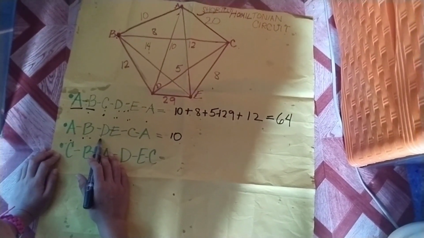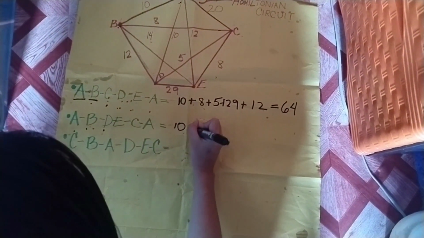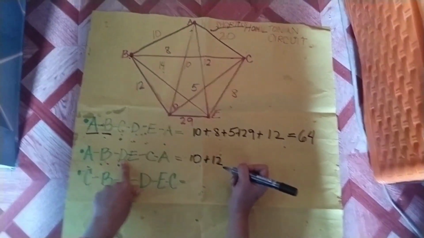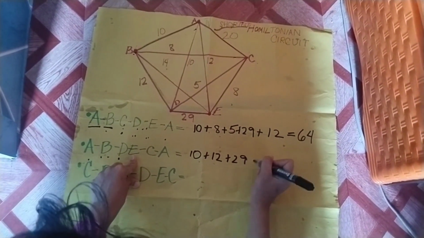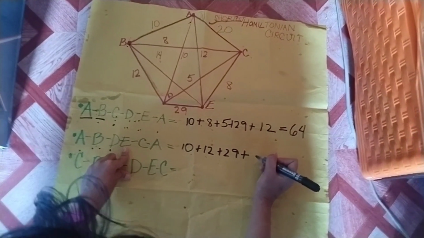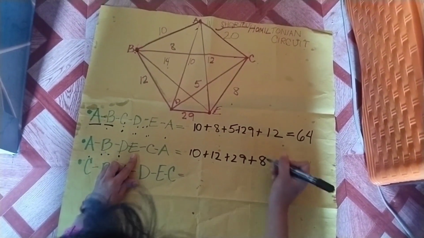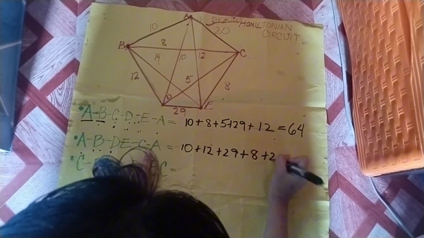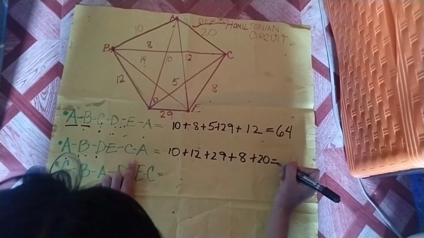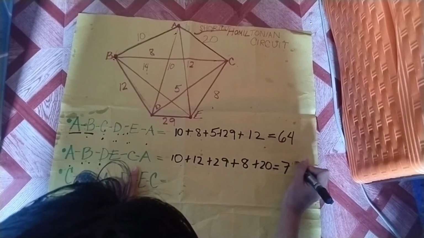Next, A to B, we have 10. B to D, we have 12. D to E, we have 29. E to C, we have 8. C to A, we have 20. This is equivalent to 79.